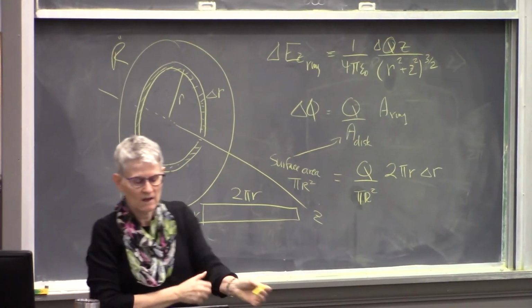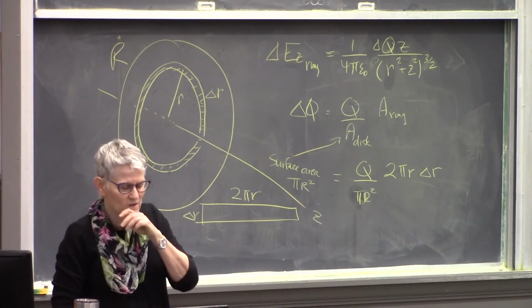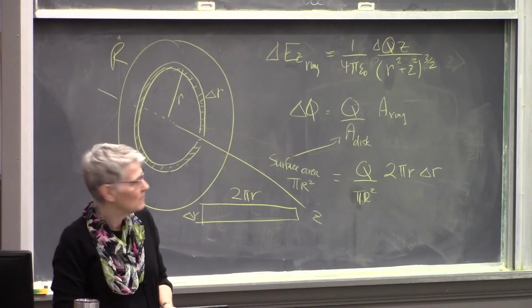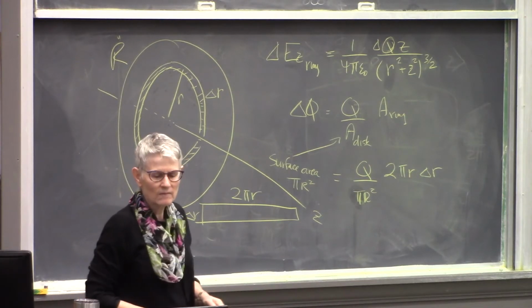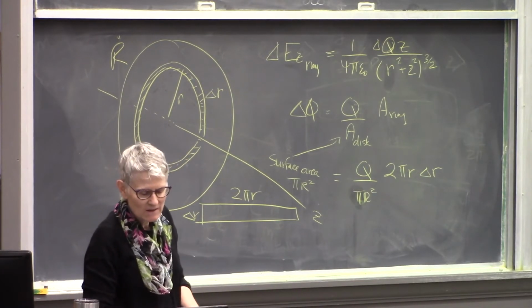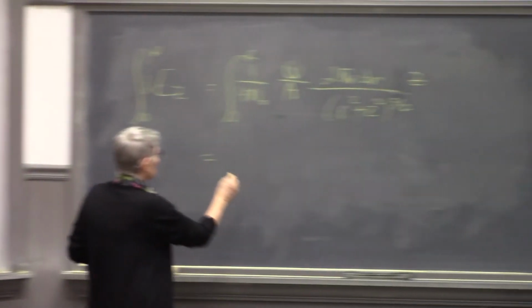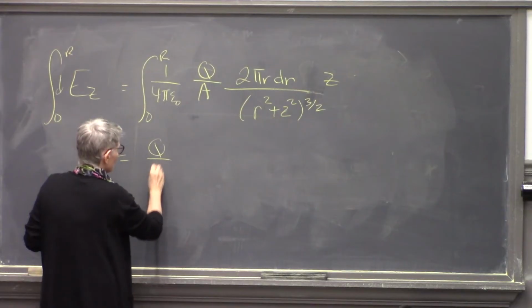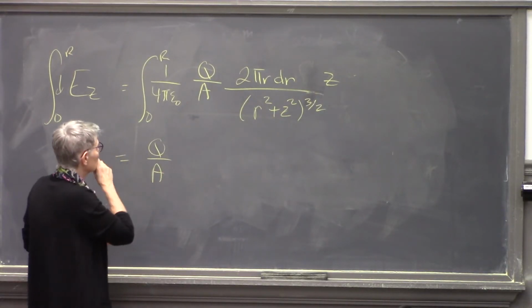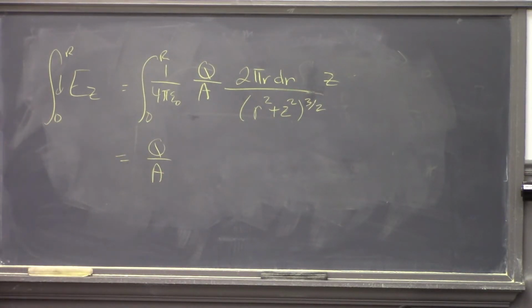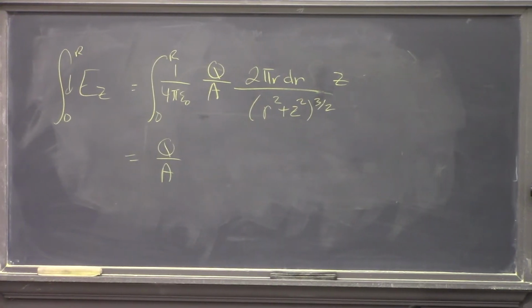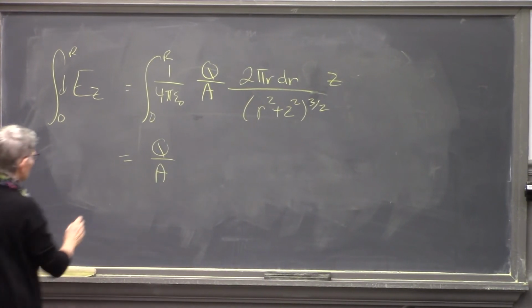Okay, and now we've done all the physics, and math happens. And what we get is the charge per square meter, and there's also a 2 epsilon 0.